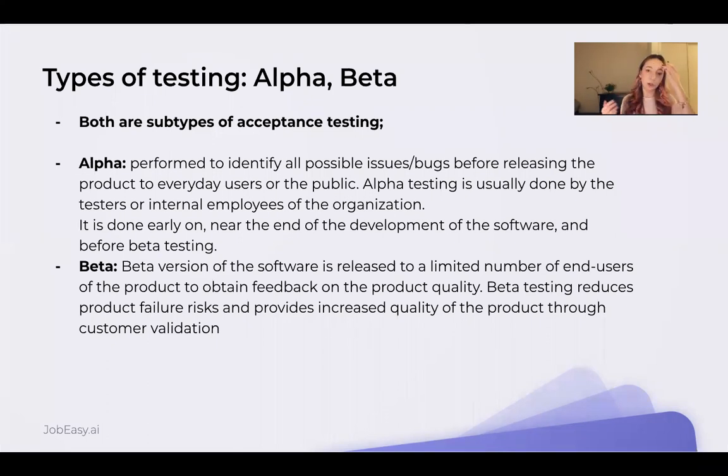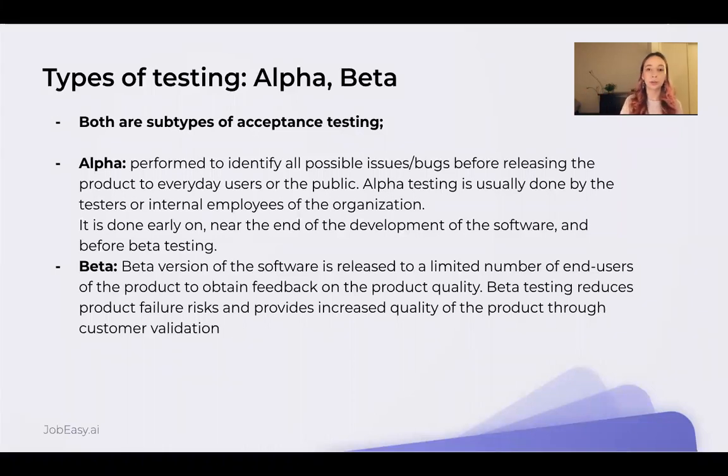Let's say we release it to 5,000 people. And then this is the stage where these 5,000 people can actually get access to the application, to the game, for example, test it, and provide us with feedback or with issues that they discovered. Then we go fix the issues and we are more prepared for the release.